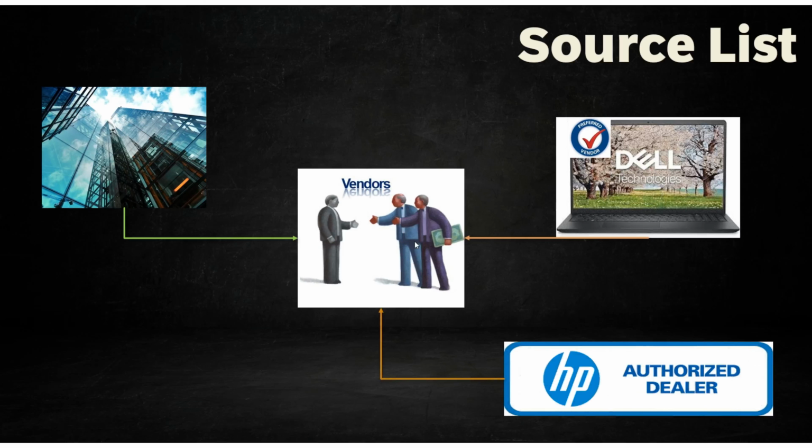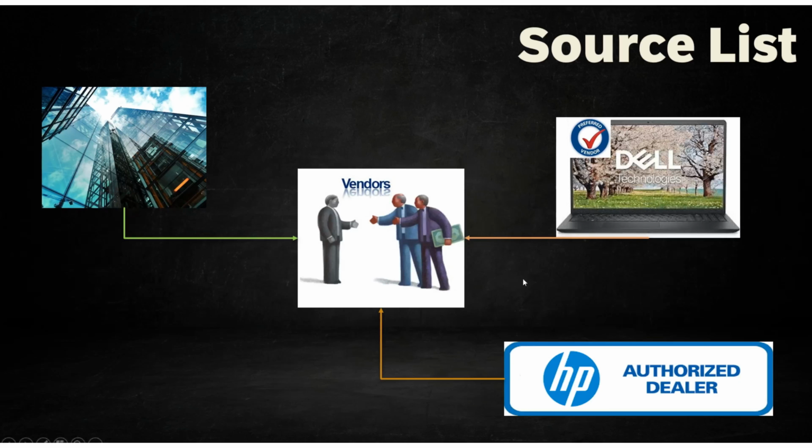For example, Dell is the preferred, which means a fixed vendor, for the period of January 1st to December 31st. HP is an alternative vendor valid from 1st of March to 30th of March. Lenovo is another vendor, but they might be blocked from 1st of April to 31st of July due to performance issues.